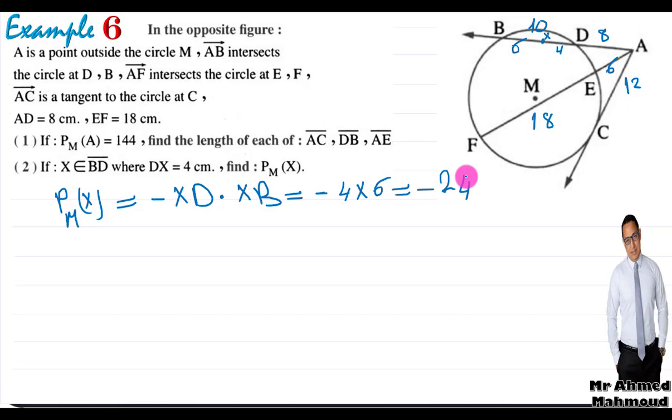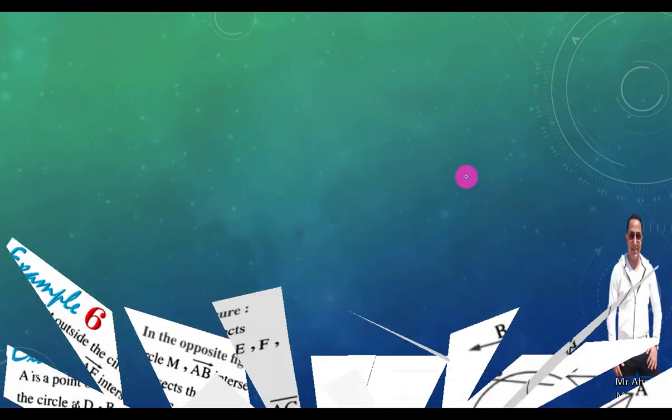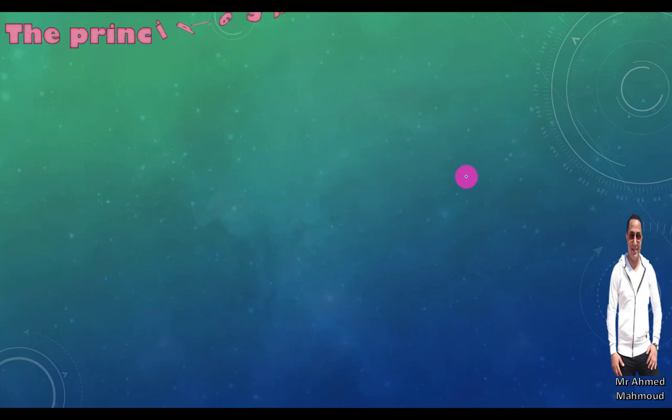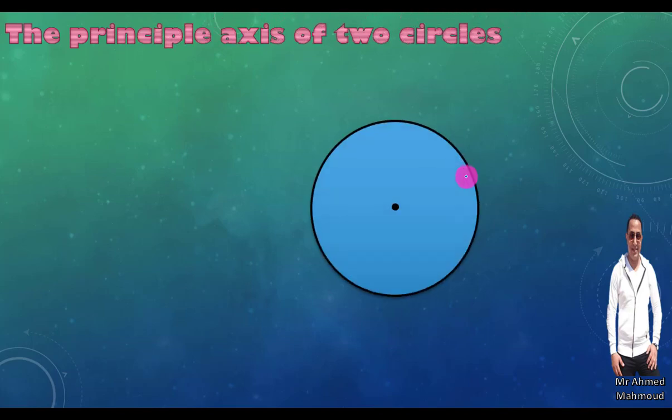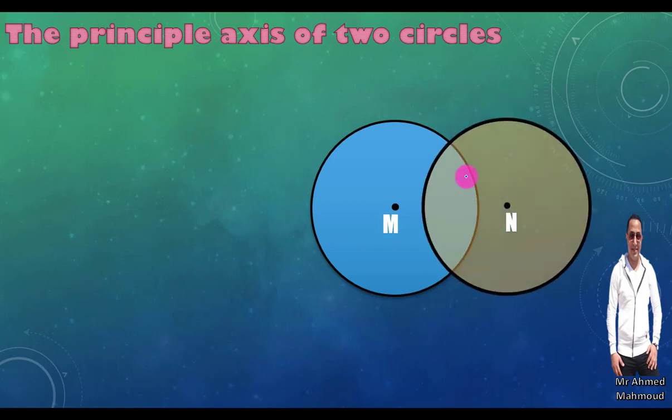Now let's study the principal axis. What is the principal axis? Let we have two circles like this, M and N. Those two circles intersect at the 2 points A and B. If we have a straight line passing through A and B like this, and we have a point C belonging to this straight line, so if I need to evaluate the power of the point C with respect to M, it is equal to CA times CB.